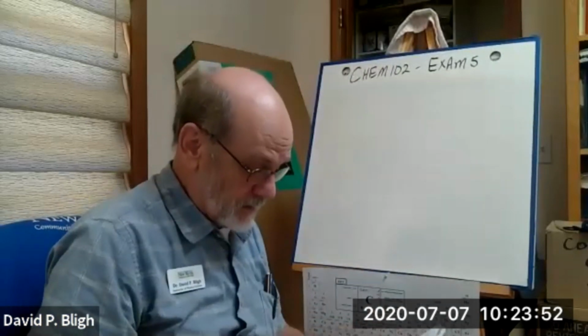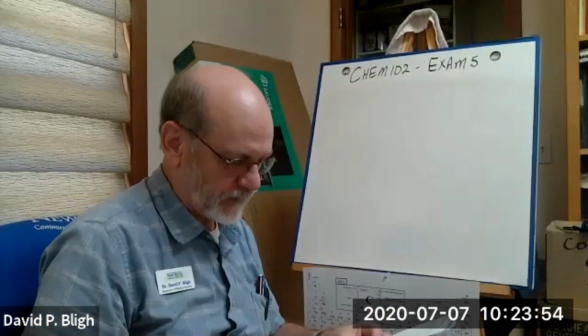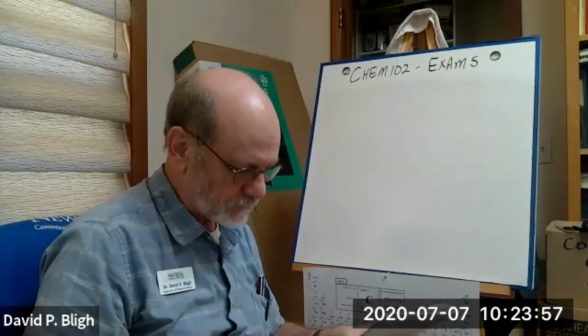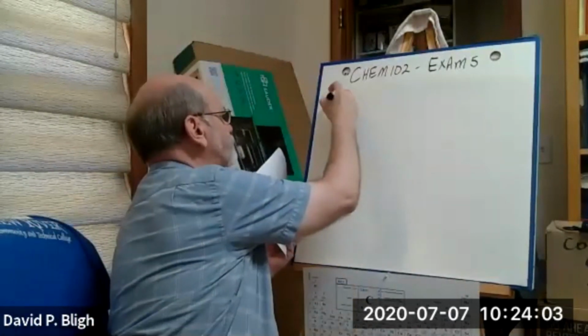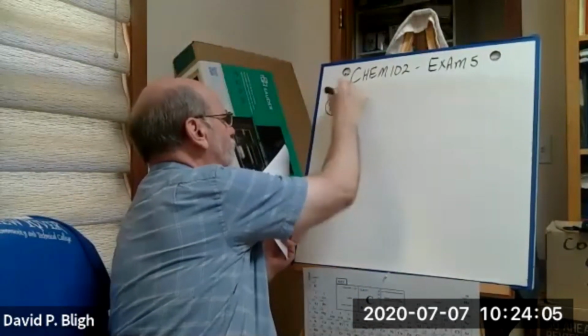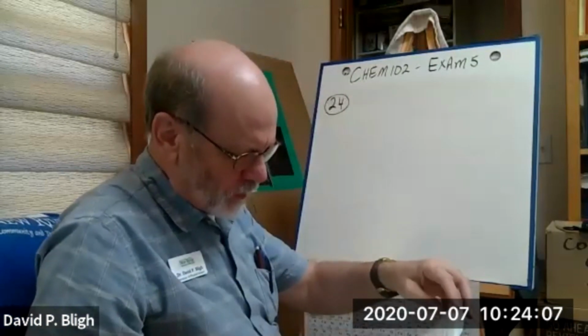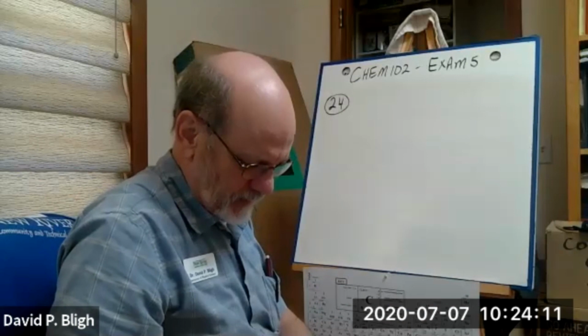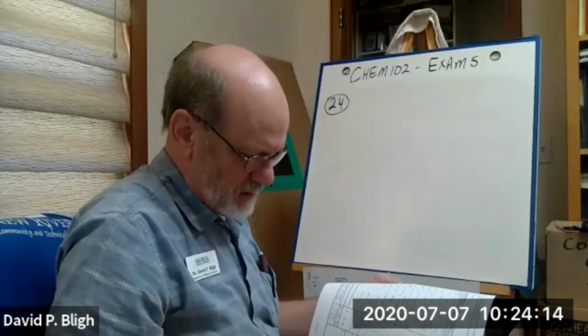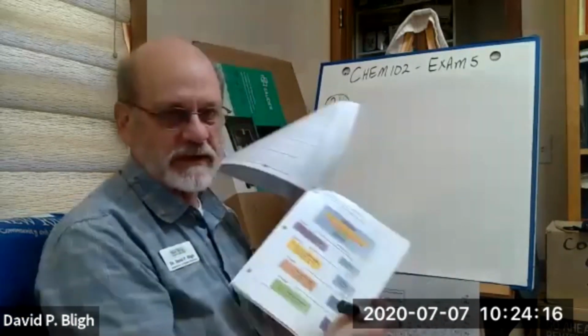All right. 24 should be fairly easy, because with 24 you have the decision tree, right, for sequential precipitation of metals.